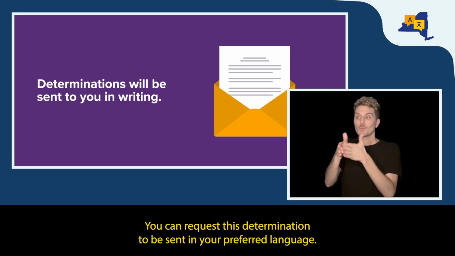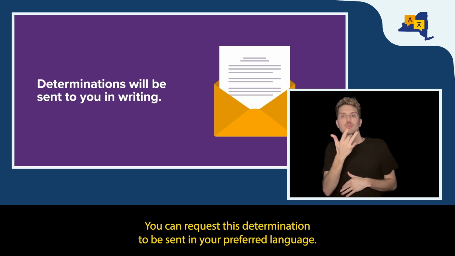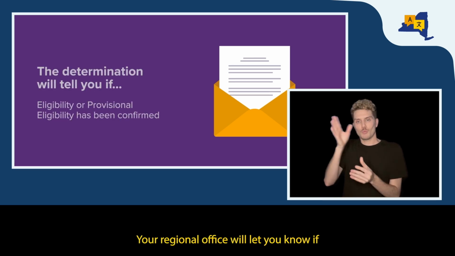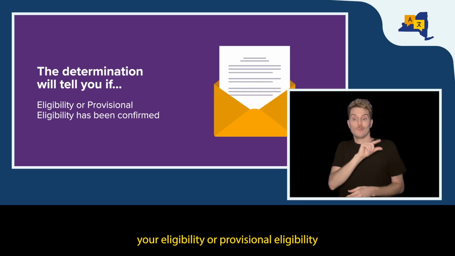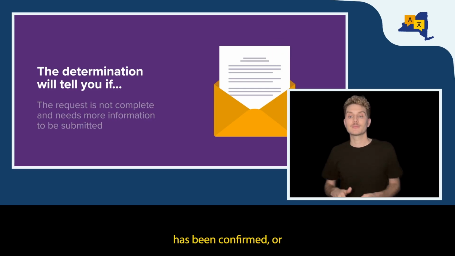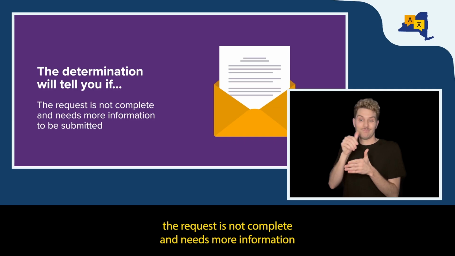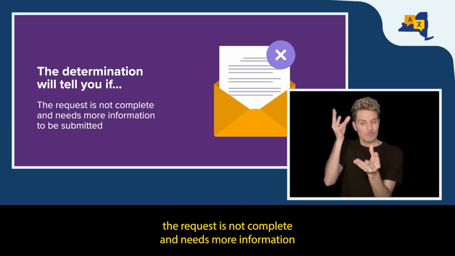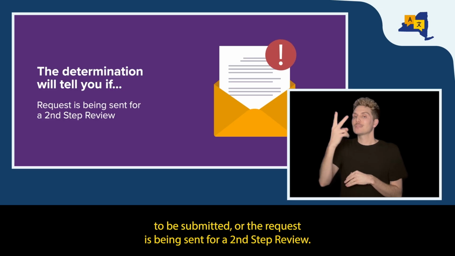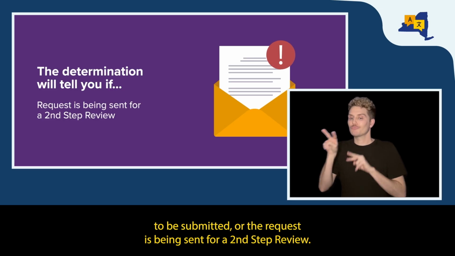You can request this determination to be sent in your preferred language. Your regional office will let you know if your eligibility or provisional eligibility has been confirmed, or the request is not complete and needs more information to be submitted, or the request is being sent for a second step review.